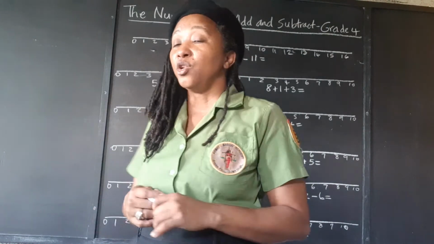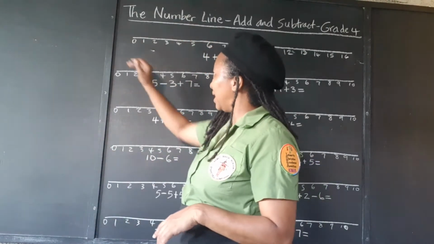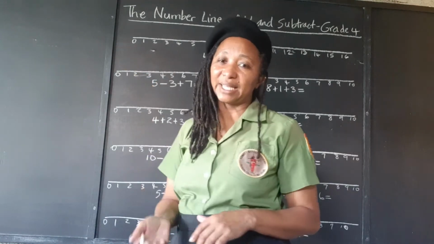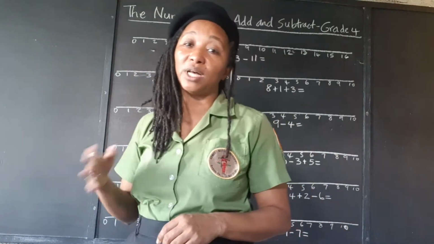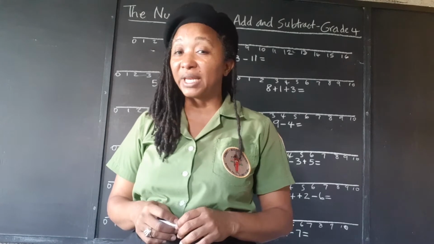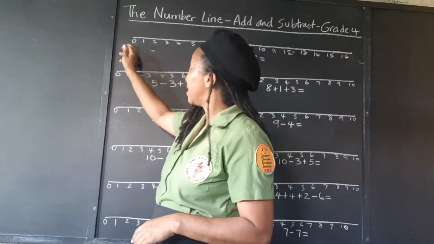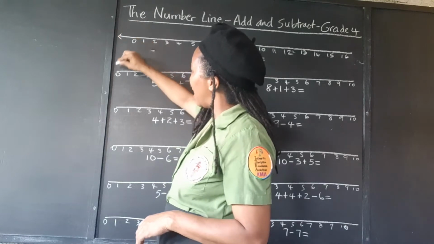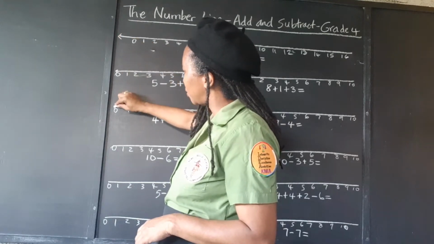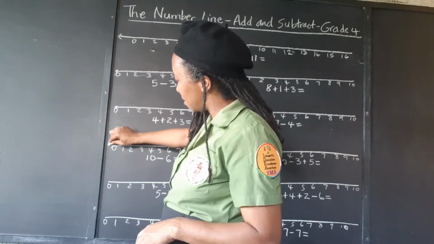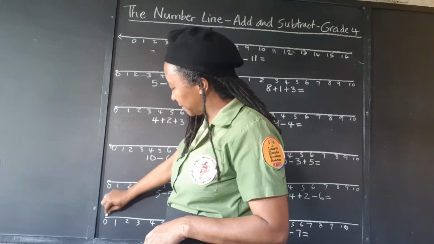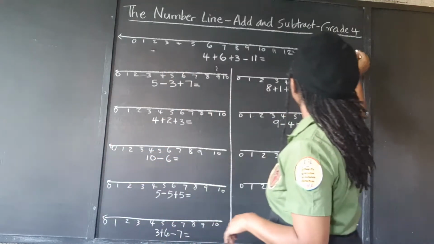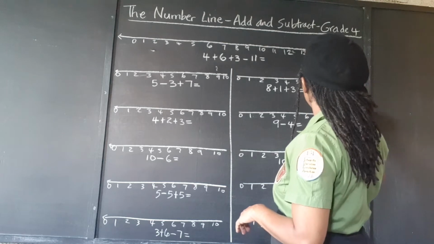Right? Now we're going to start our number lines at 0 because, as I said, at this level we're focusing on the positive numbers. But don't think that it ends at 0 here. It actually continues, and I should put in my arrows to show that it continues to negative infinity as well as to positive infinity, right?